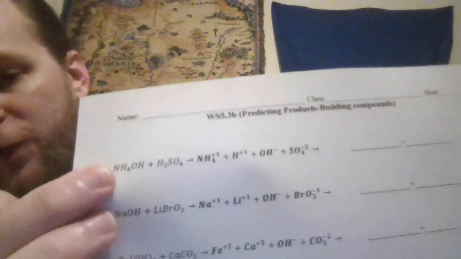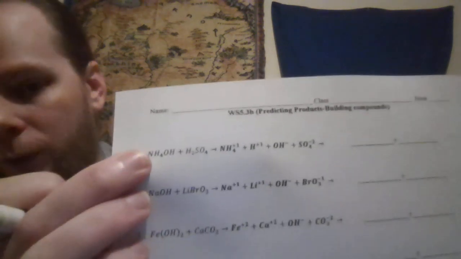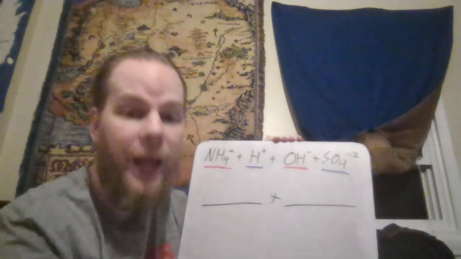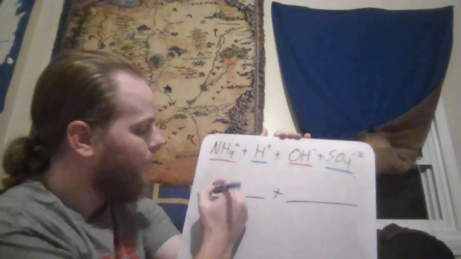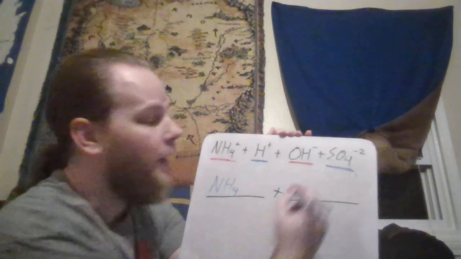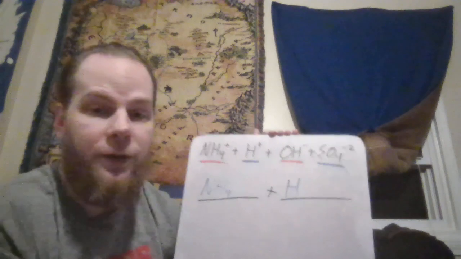So if you look here, NH4OH is the first reactant, and H2SO4 is the second reactant. So I'm going to write NH4 in the first blank, and I'm going to write H in the second blank.